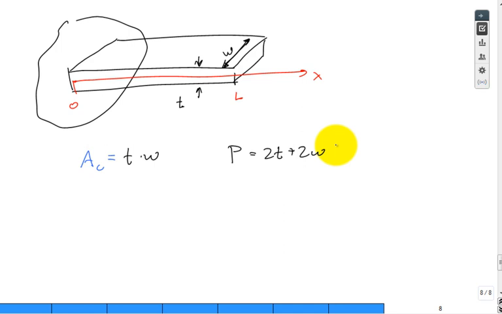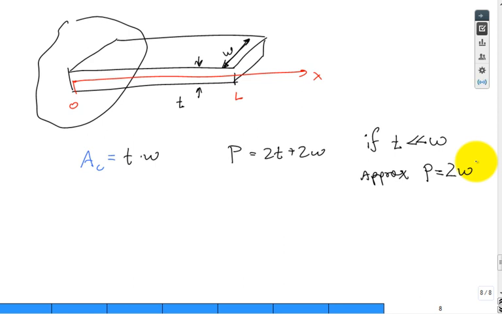And in a lot of cases, if t is much, much less than w, then the approximation is that P is equal to just 2w. That's exactly right. So sometimes you have a very thin rectangular fin compared to the width. And so there you go.